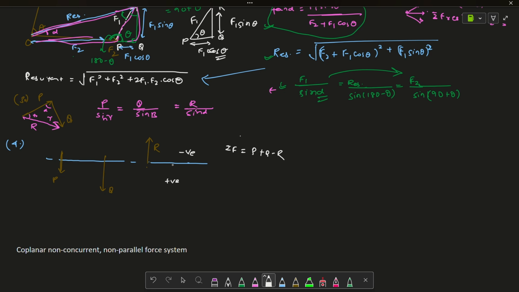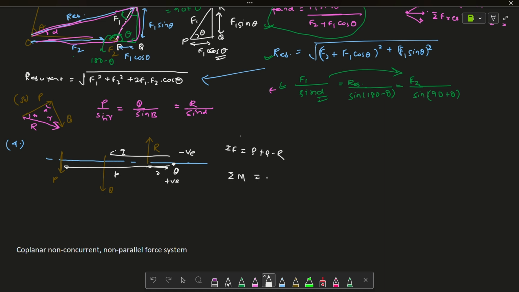Now since these forces are parallel and not collinear, not concurrent, we have to do the moment balance as well. Let's suppose we are doing moment balance about point A with distances r, q and p.